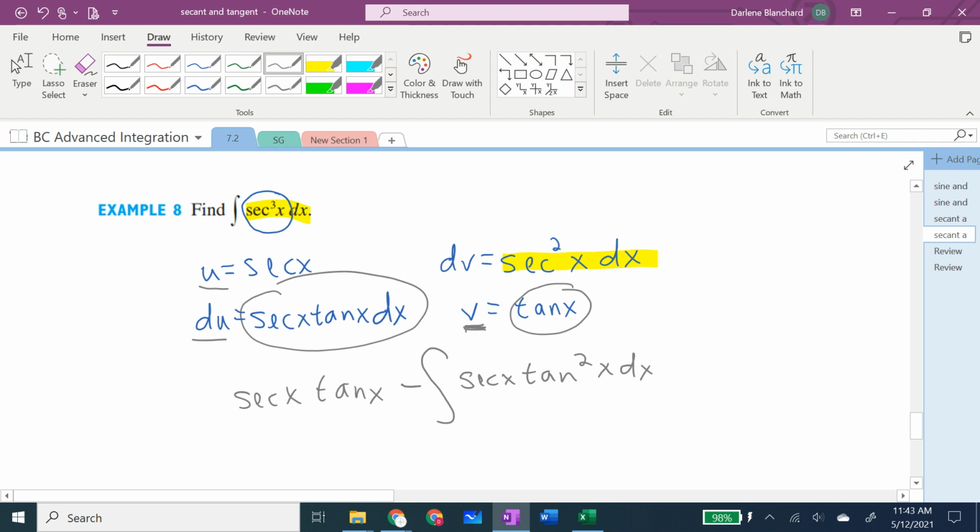Now, this is actually the first time I'm talking about how to deal with secant with an odd exponent. So the fact that I've got secant to the 1 power in that integral says, let's not focus there. With tangent, what did I say yesterday about when the exponent is even? What do you do to tangent?